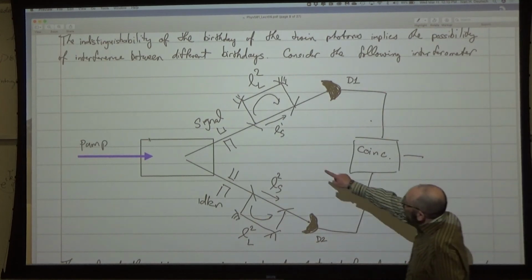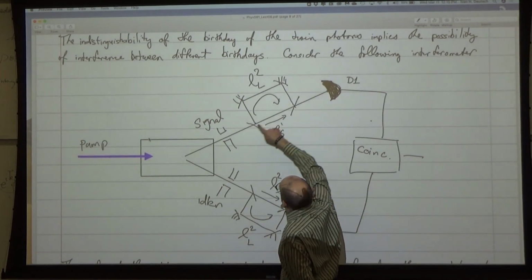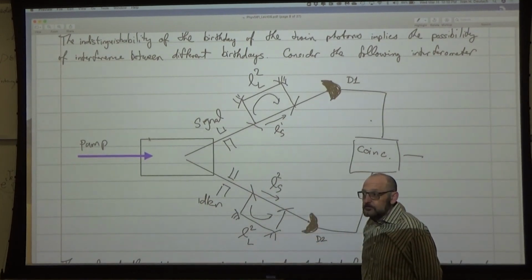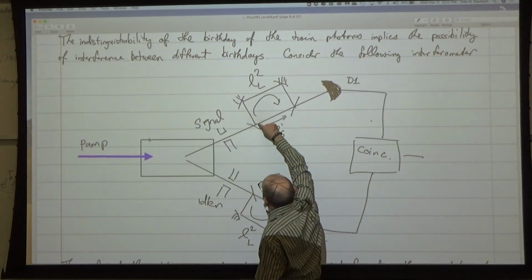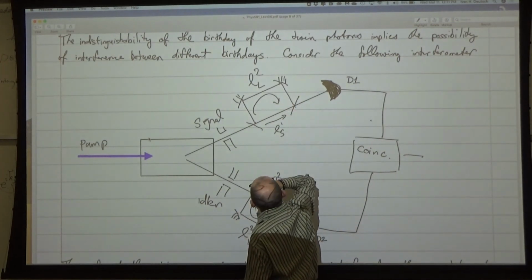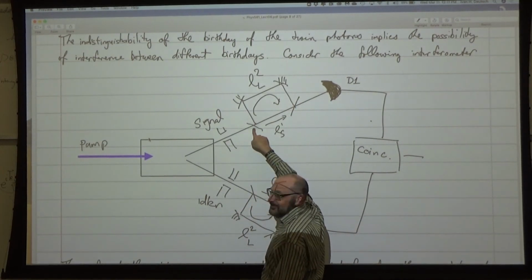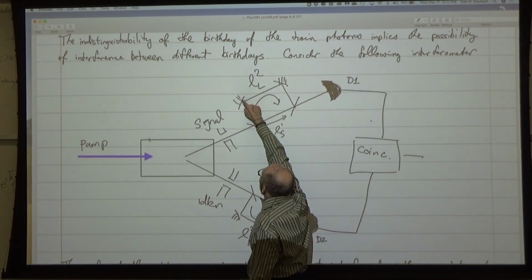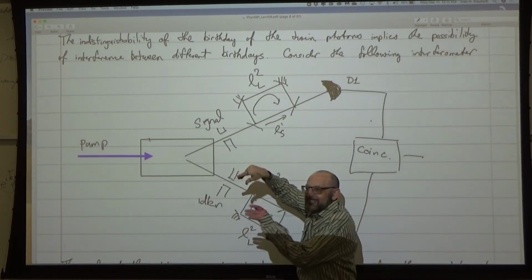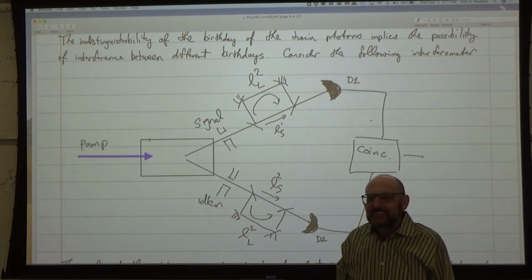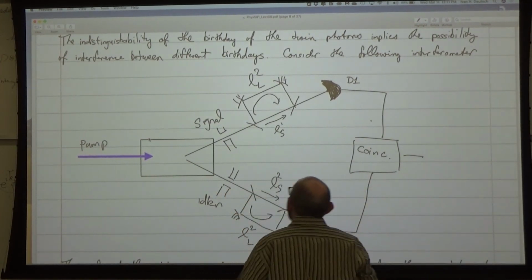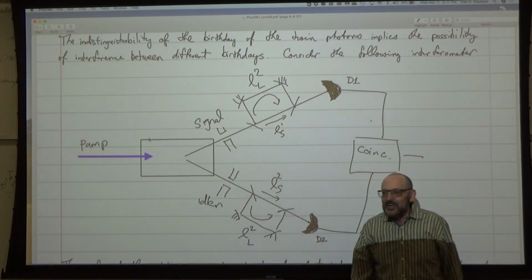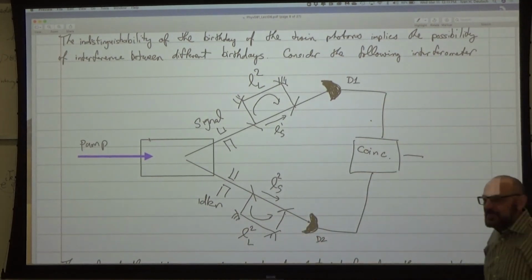So there's a short path by which a photon could go directly to the detector, and a long path whereby it goes around and comes out that way. Sorry, it's a theorist's beam splitter. The beam splitters are wrong. This one's right. Okay, so there's a short path and a long path.